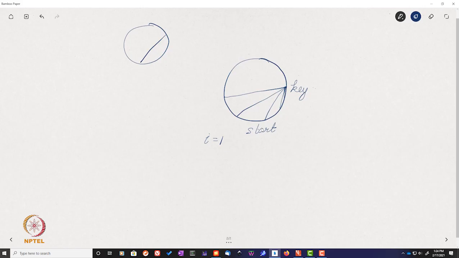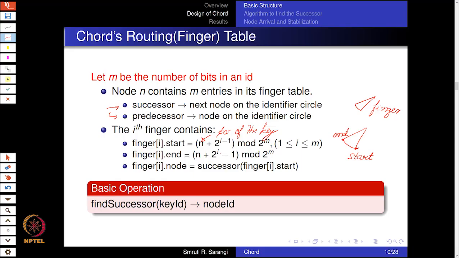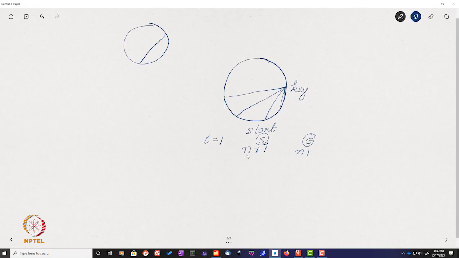Then this will be n plus 2 raised to power i minus 1, which is 2 raised to power 0, n plus 1. This is the start. And the end will be n plus 2 raised to power i minus 1, which is 2 to the power 1 minus 1, which is n plus 1.